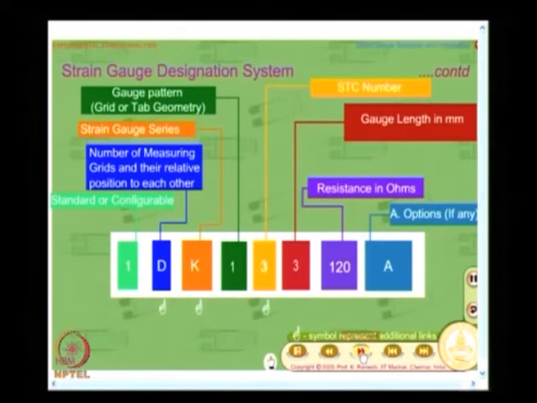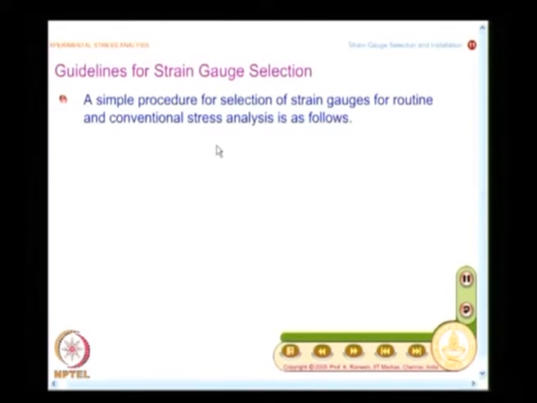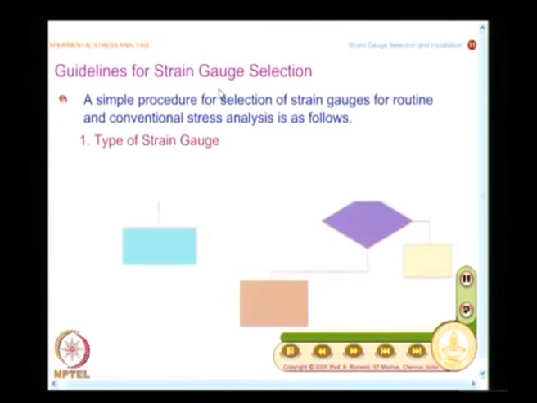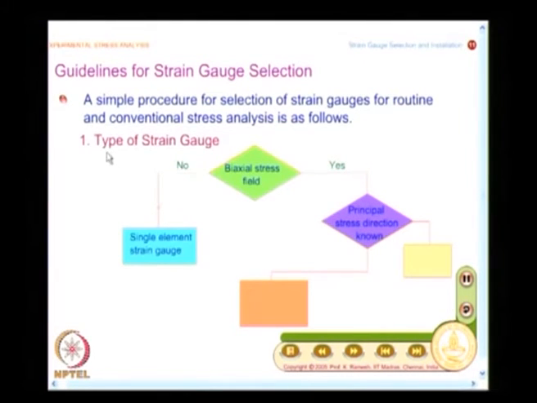And now, we will look at a generic recommendation on how to select a strain gauge for a given application. What is the first step? The first step is, what is the type of strain gauge that I need at a point of interest? I have to ask the question, am I working on a biaxial stress field?